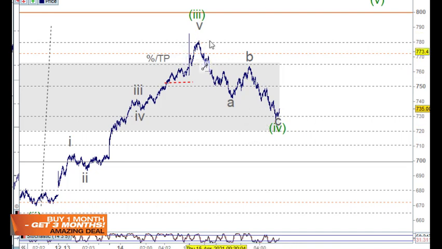Because we've got 3 down here instead of 5, we'll still get 3 back up here to the 61.8%. And then we'll get another 5 coming down here like this. That's the trap. If you're bored, you can trade it up. It's not a problem, but you'll just take the money at 750 or 48, because 8's the profit-taking number. That's where that will come in.